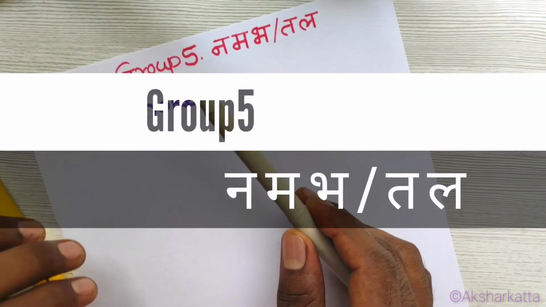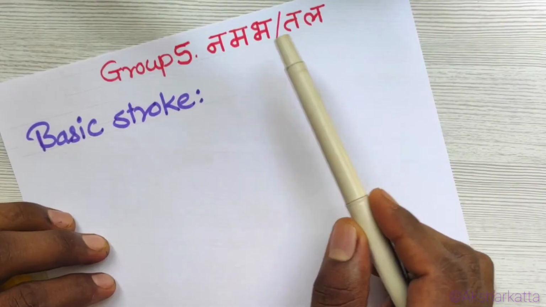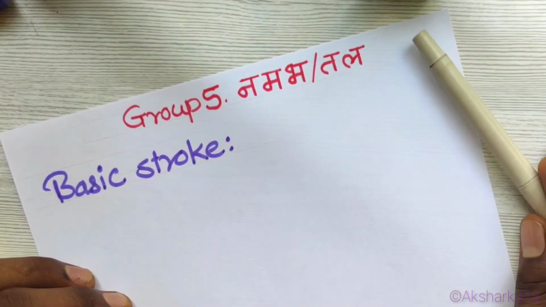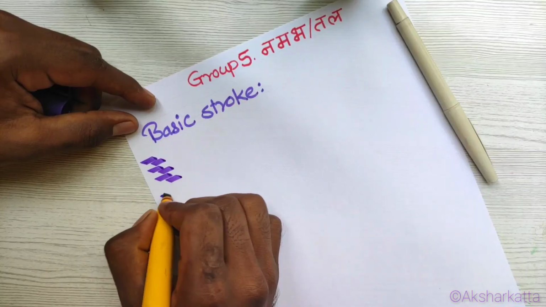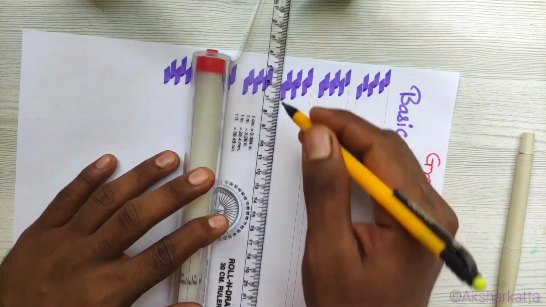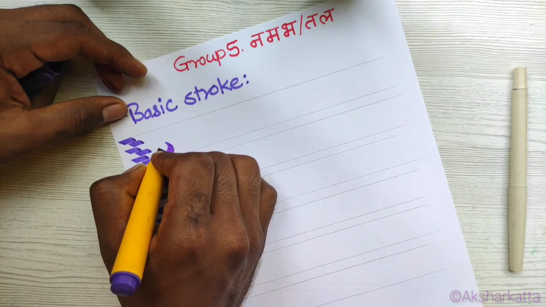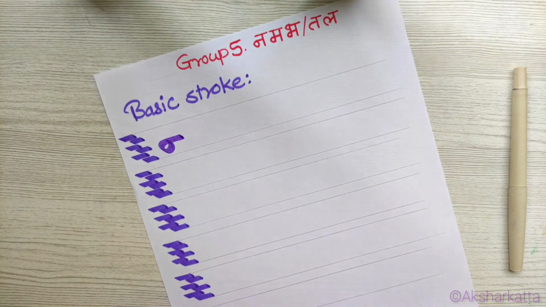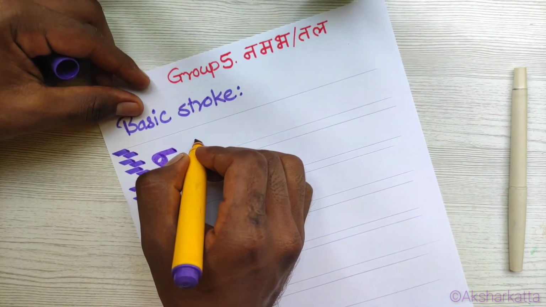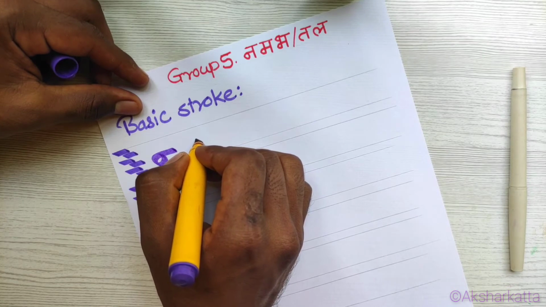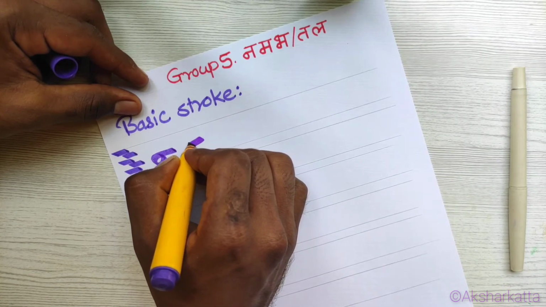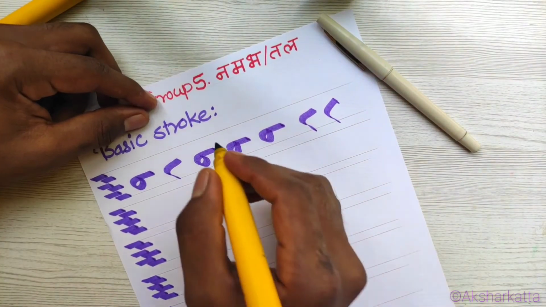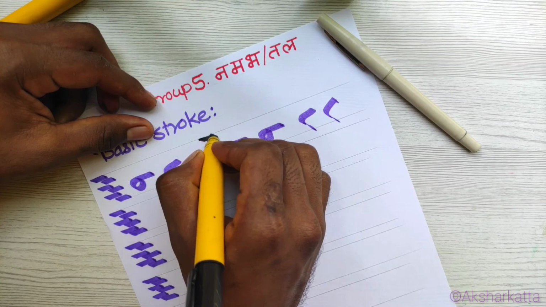Now group 5 is subdivided into the letters N, M, B and then T and L. So obviously it has two basic strokes, one for the set of N, M, B and another for T and L. Simply adding a vertical line to that basic stroke.